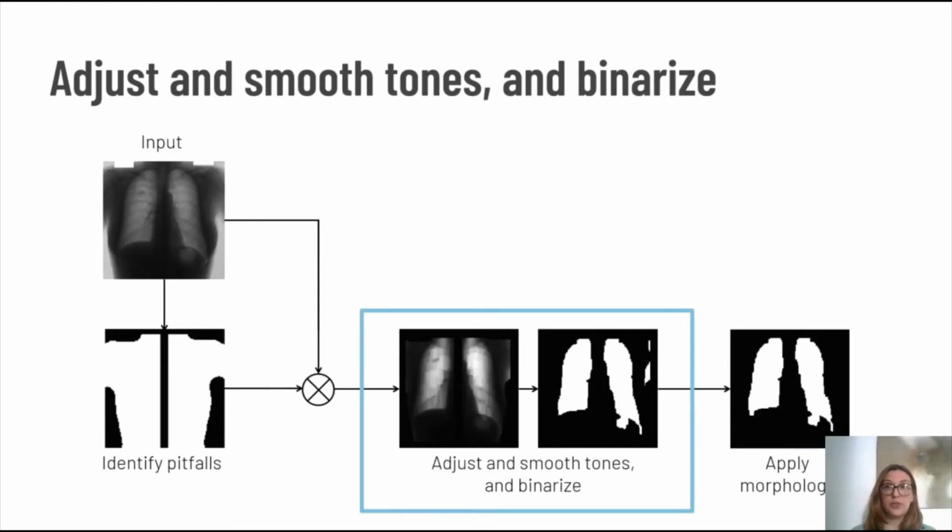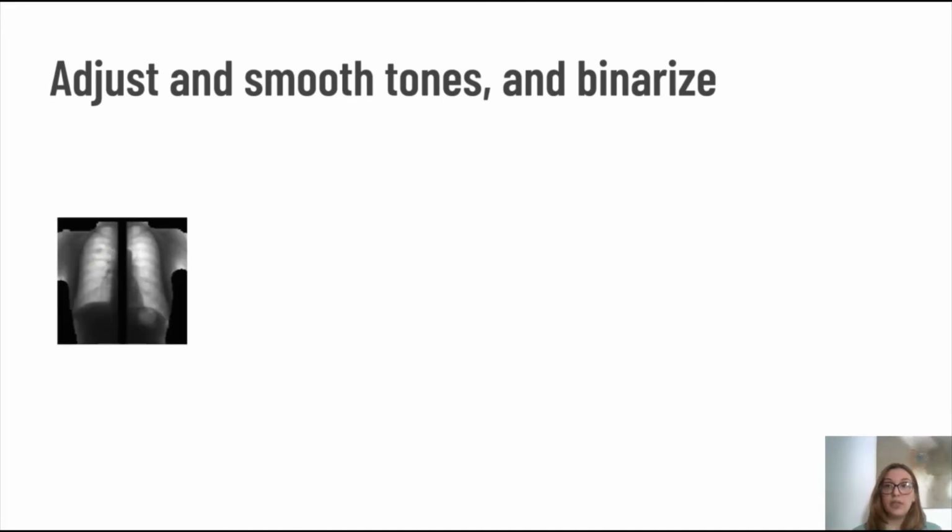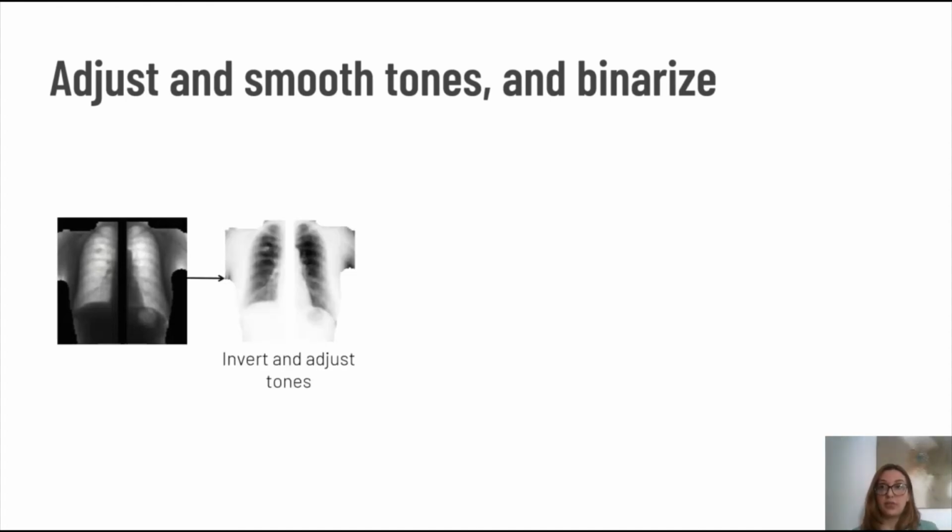The next step is to binarize the image. Nonetheless, even after removing pitfalls, it is important to adjust some gray tone levels to enhance the contrast of the region of interest due to the noisy nature of the CXR images. Instead of enhancing brighter tones of the region of interest, we opt to enhance darker area values.